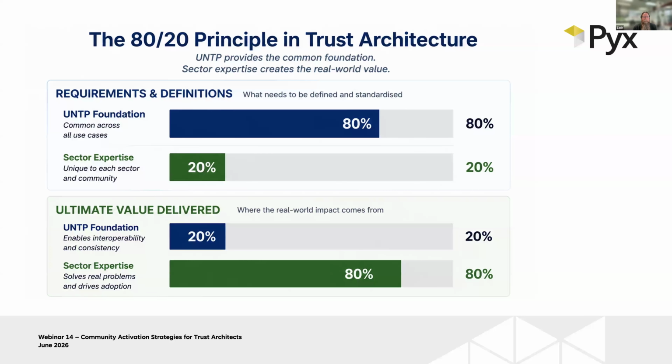But it doesn't cover the last 20% because the UN can't solve for every permutation of every industry, every community, every business, everywhere in the world.